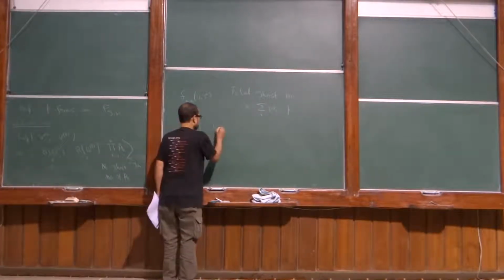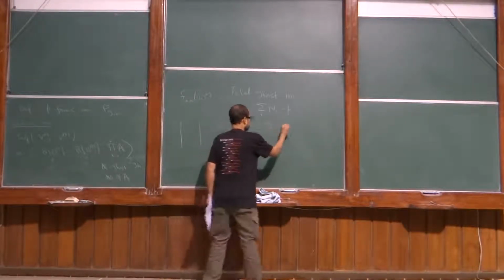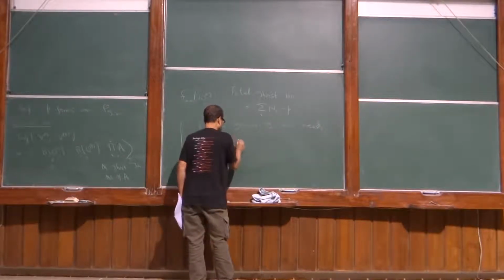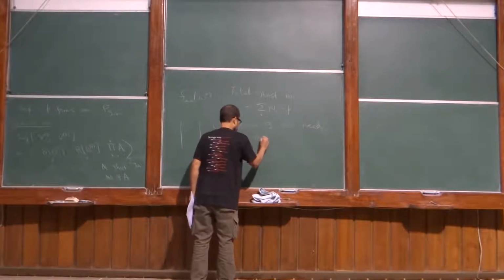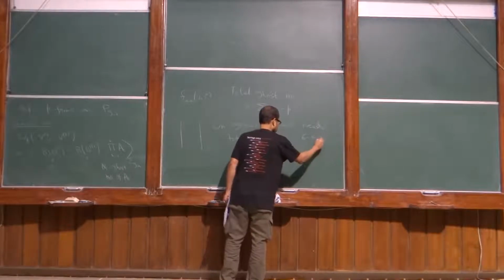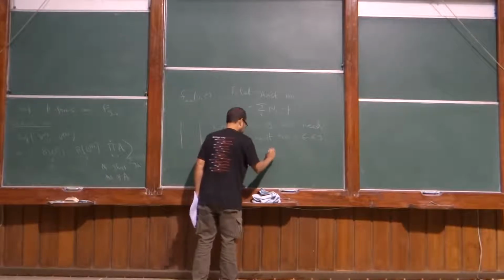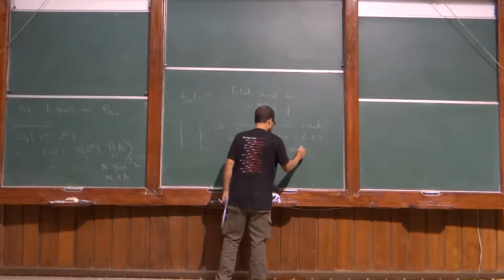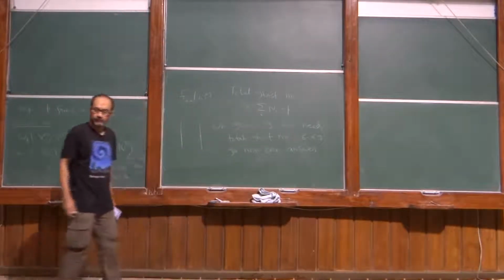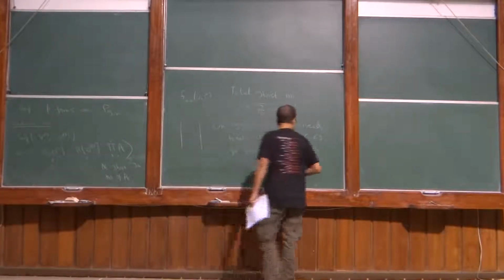But on genus g, we need the total ghost number equal to 6 minus 6g for a non-zero answer. This follows again from the ghost number anomaly calculation.